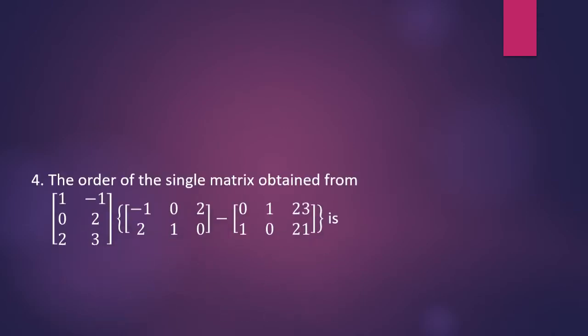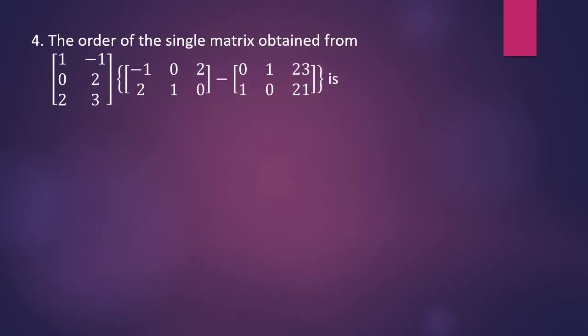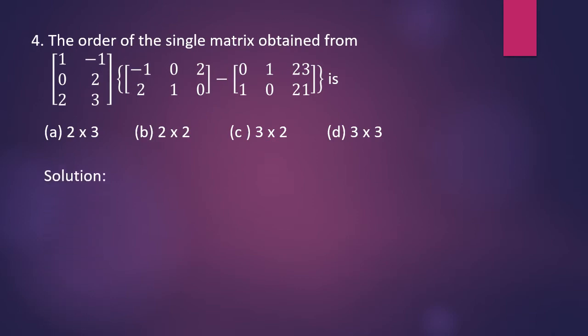The next one is, you have to find the order of this matrix. So this is actually a single matrix. These are the options here. So we have A. This is a matrix of order 3 rows, 2 columns.